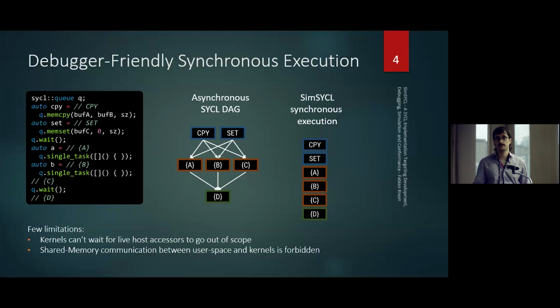Then the kernel has to wait for that accessor to go out of scope. This is something that doesn't work with synchronous execution. Another thing is that you can, in principle, communicate between your application thread and a running kernel, or your application thread and a running host task, through shared memory atomics, for example, or just generally through C++ concurrency synchronization primitives. That's also something we can't do, but which we assume is pretty rare.